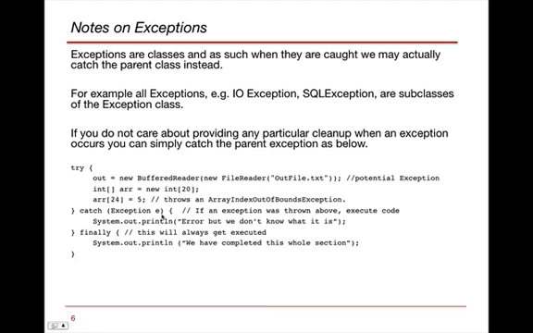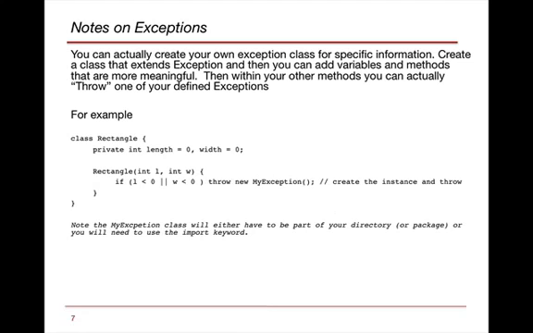Because IO exception and array index out of bounds exception error all extend exception, by us catching the exception class, or an exception object, it will go into this line of code. We do not have to worry anymore, and we can just handle the error very simply and then jump into the finally block. We don't need to catch the specific exceptions. We just need to ensure that we catch the exceptions that are based on the various subclasses.